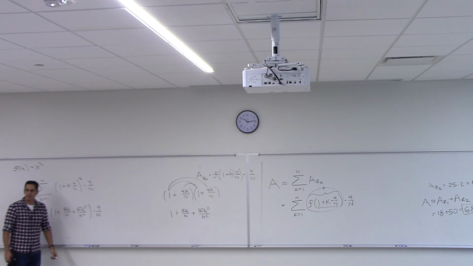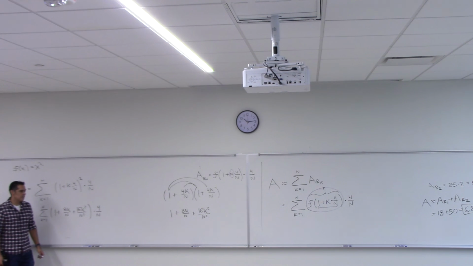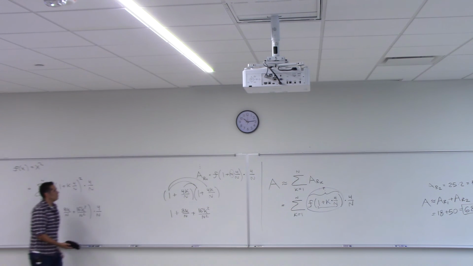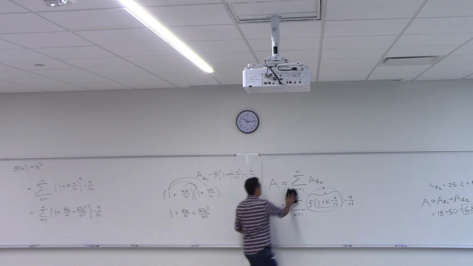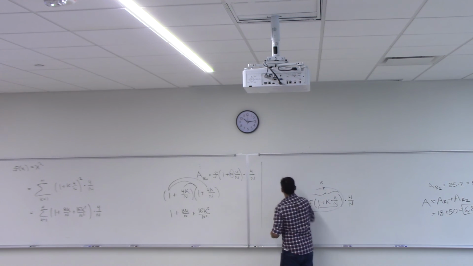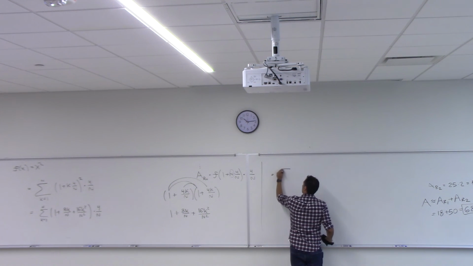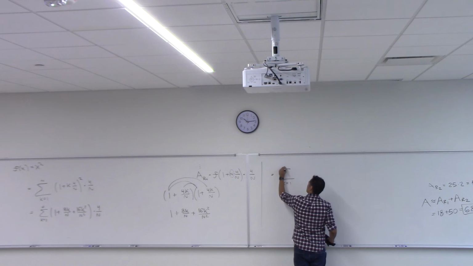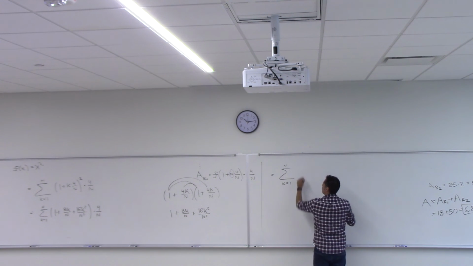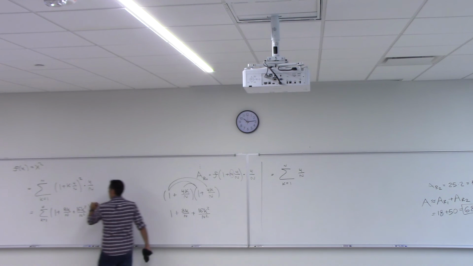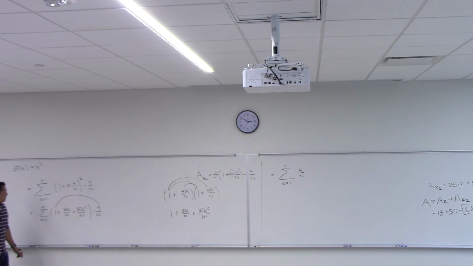We're getting there. I'm going to distribute the 4 over n through. I'll do that over here. So we are now at the sum k equals 1 to n. Where are we? 4 over n, right? That's what we get there? Yes? And then we get what? 32k over n squared.